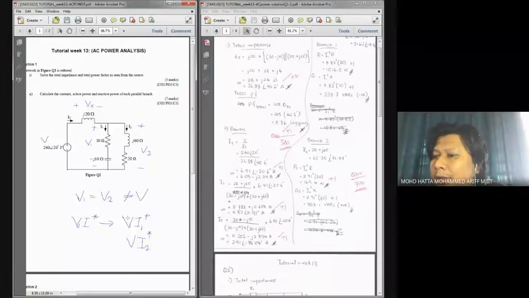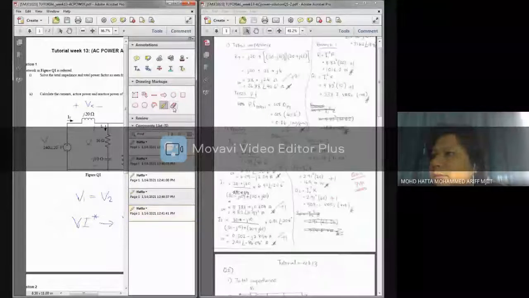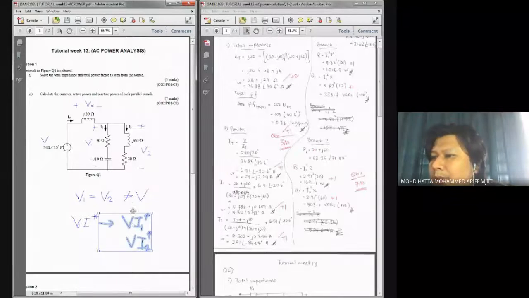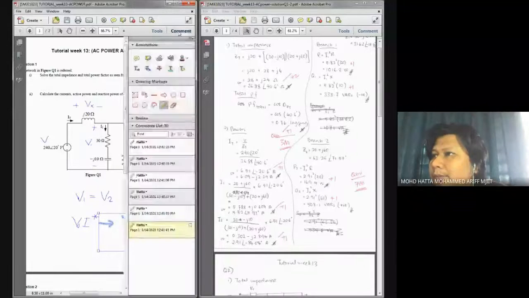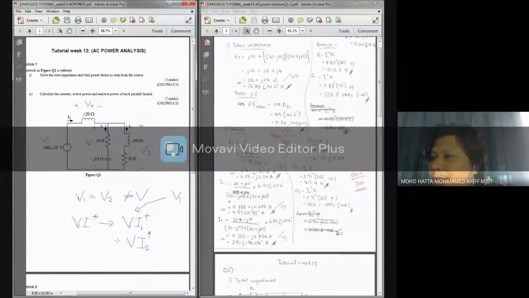However, the voltage for the first branch should be V1, and over here should be V2.